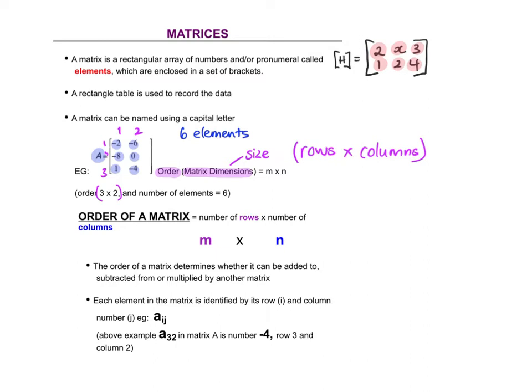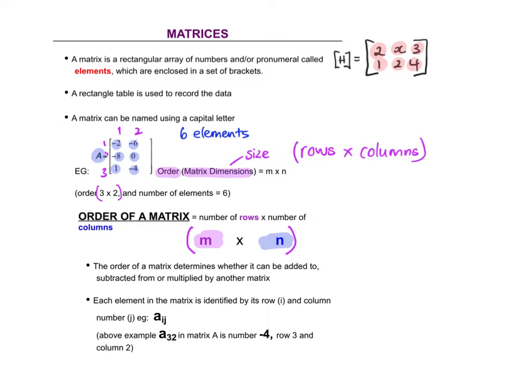The order of the matrix is given by the number of rows by the number of columns. Here M represents the number of rows, and N represents the number of columns. Why do we need to know the order? Because if we want to add or subtract matrices, they have to be the same order. So order becomes important before we do any type of operation with a matrix.